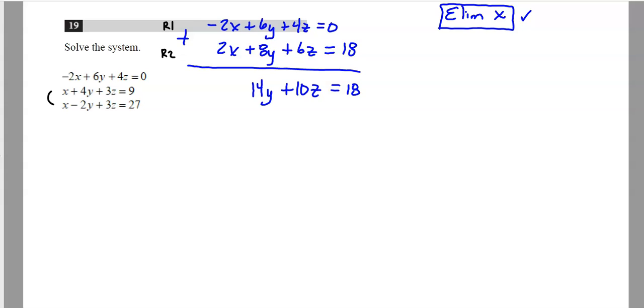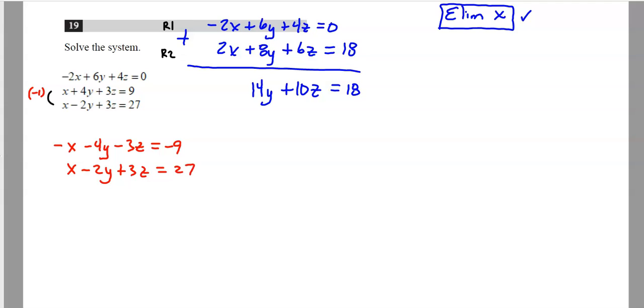If I want to eliminate x with rows 2 and 3, I am going to have to multiply a row by negative 1. So let's do that work. Multiply the row by negative 1. Then I got to add that to the bottom row. Oh man, I'm about to get lucky again.